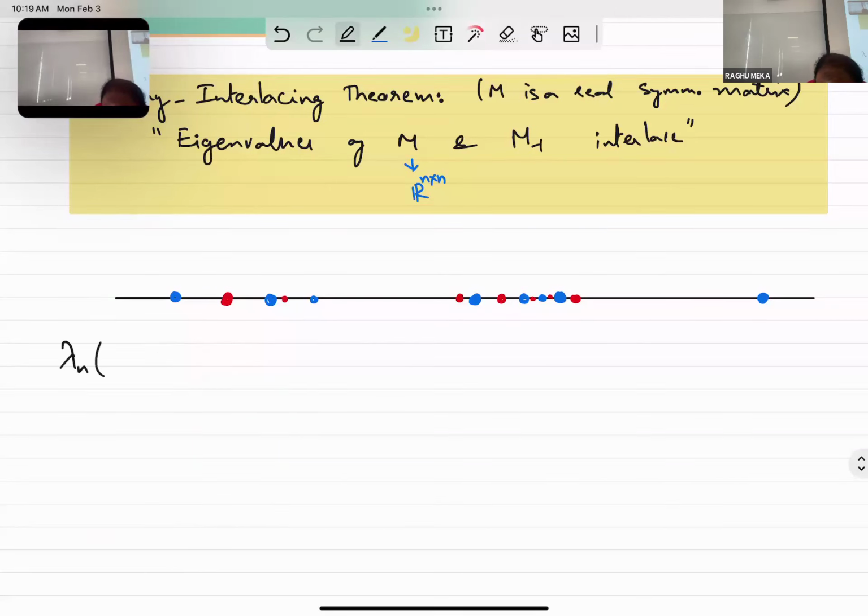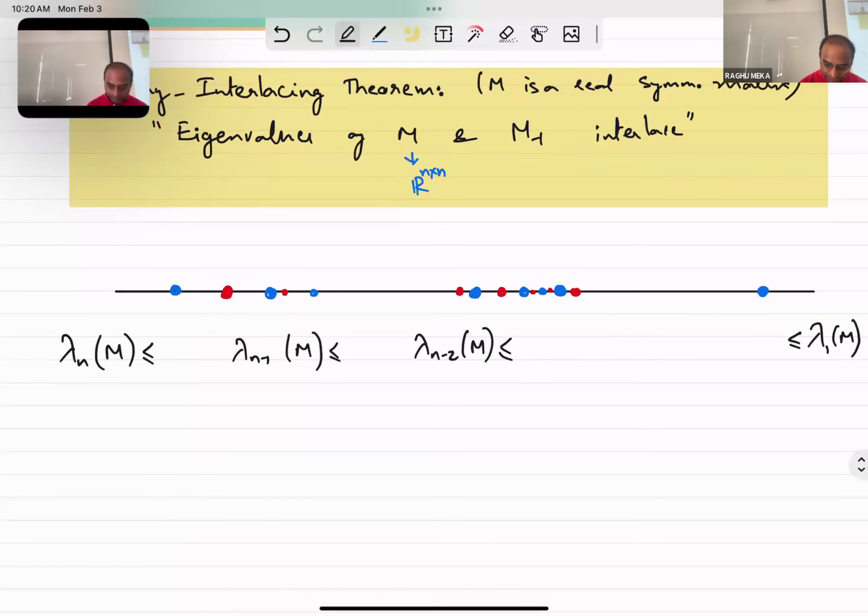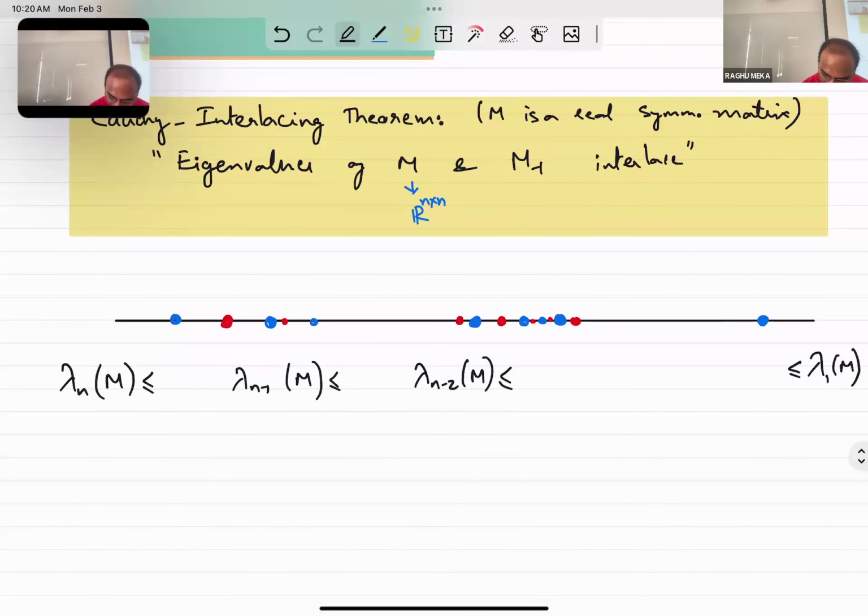Right? So if I write down the eigenvalues of M in this order, okay. Now every eigenvalue of M minus 1 should come in between. So that's what we would have.